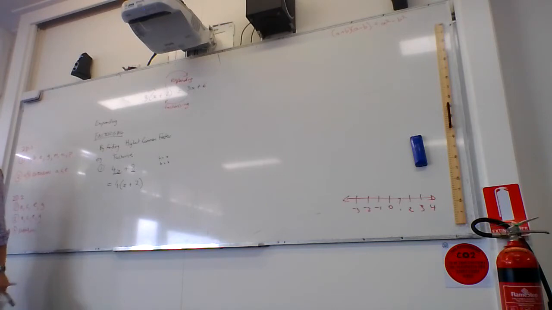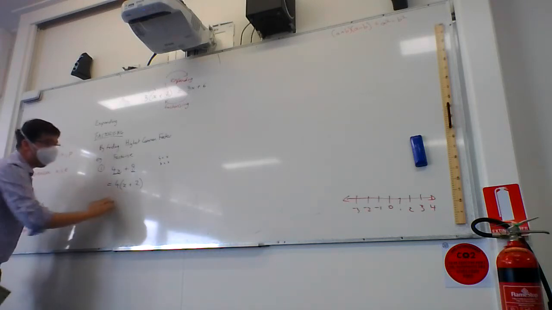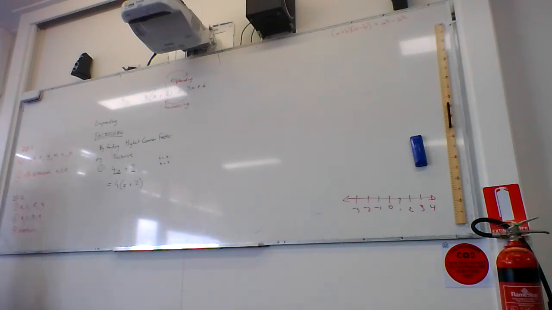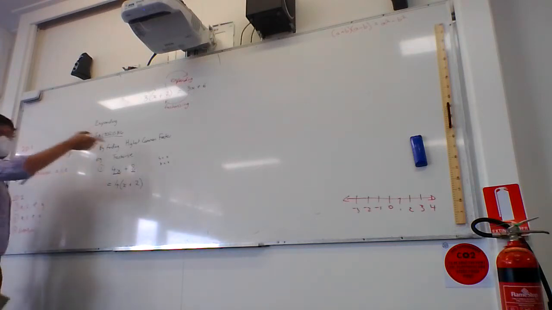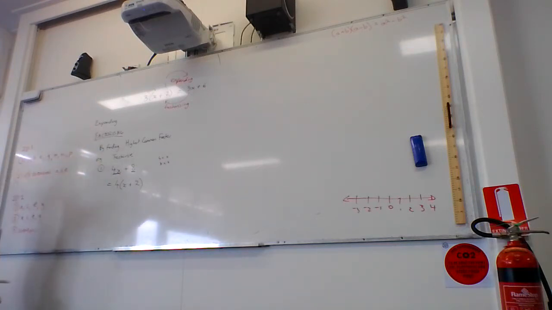Now, how can you check if you factorized something correctly without even turning to the back of the book? Expand it. Factorizing is putting things into the bracket form. Expanding is getting rid of brackets.